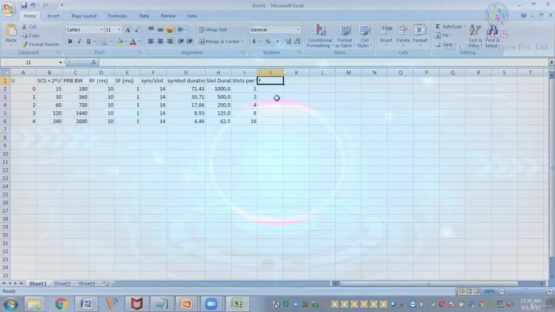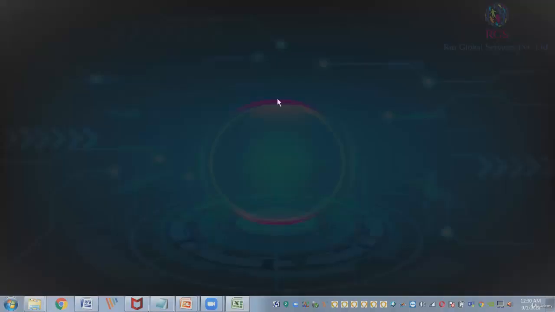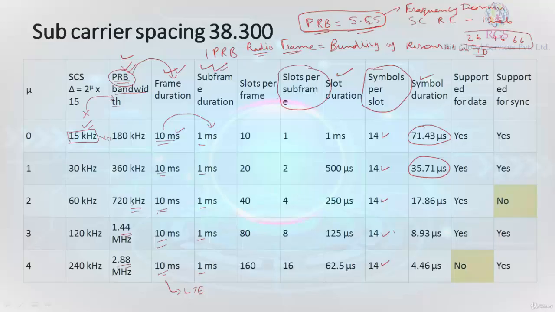So in one radio frame, how many slots will be there? Obviously, that will be 10 times of this. So if one subframe is 1 millisecond, one radio frame is 10 millisecond. So slots per subframe is 1. So slots per frame will be how much?